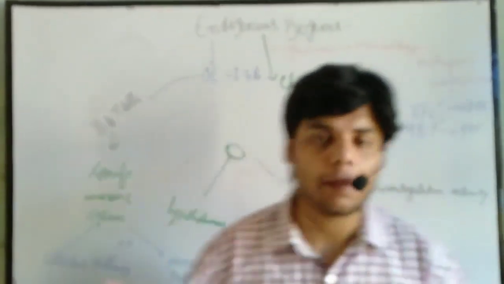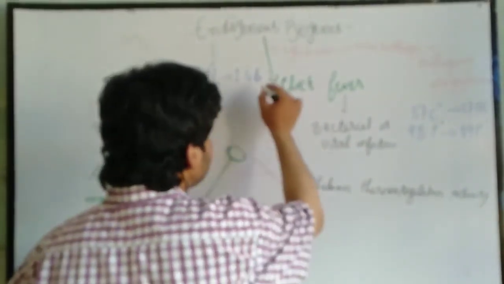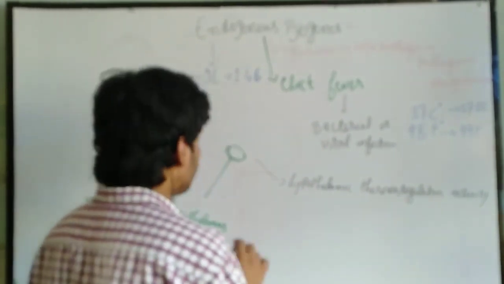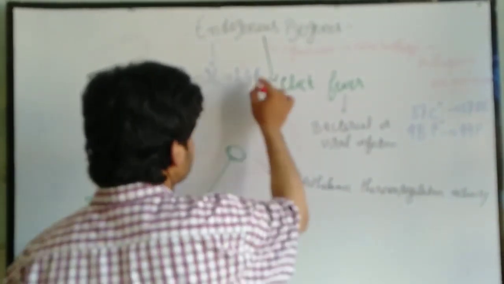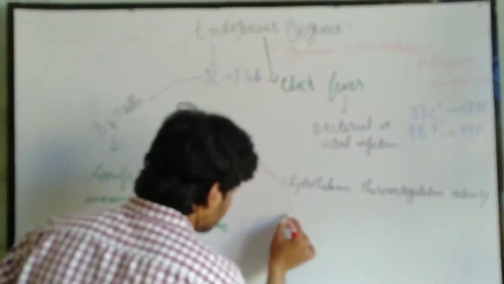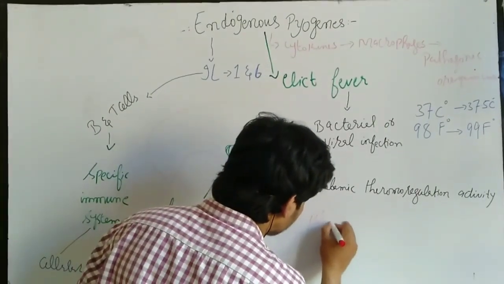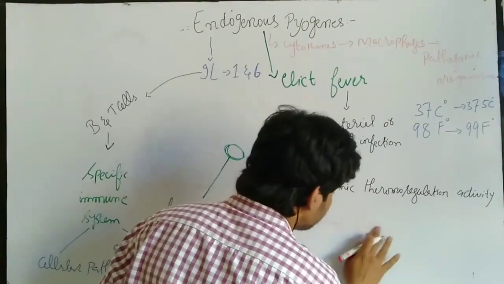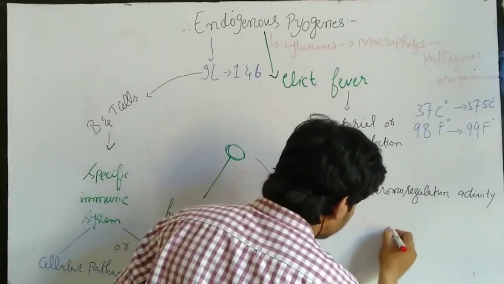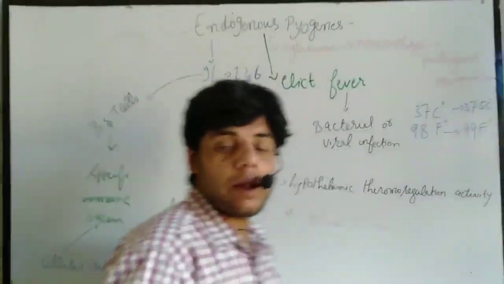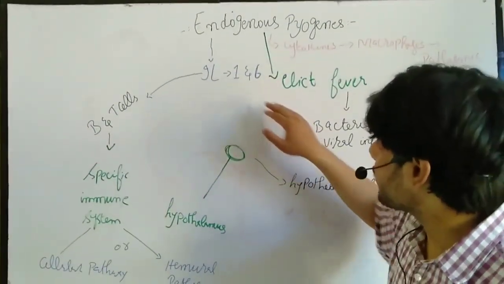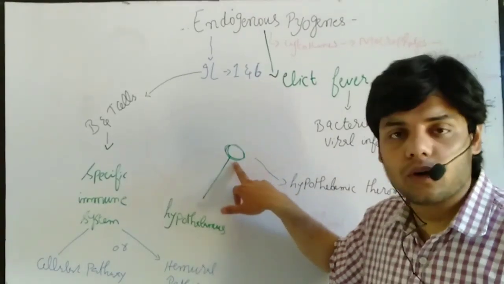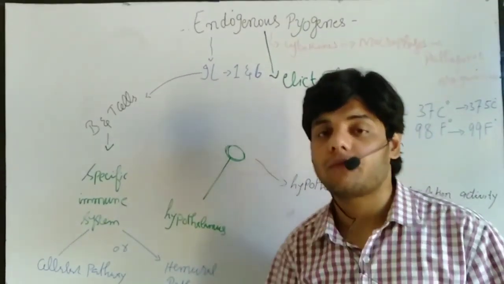Or sometimes what actually happens is that these interleukin 1 and 6 are released out into the bloodstream. Once released into the bloodstream, the blood will transfer this interleukin 1 and 6 to the hypothalamic area of the brain.